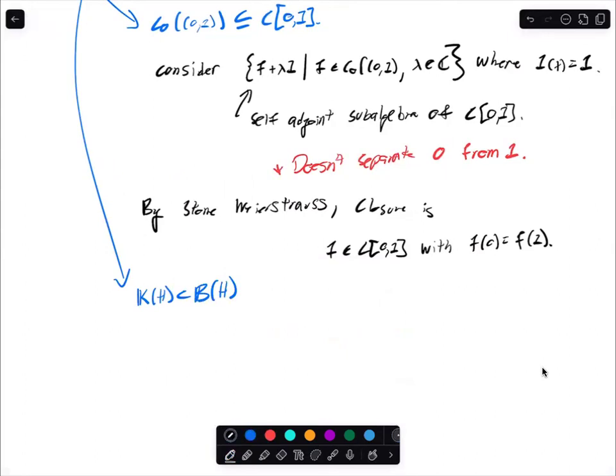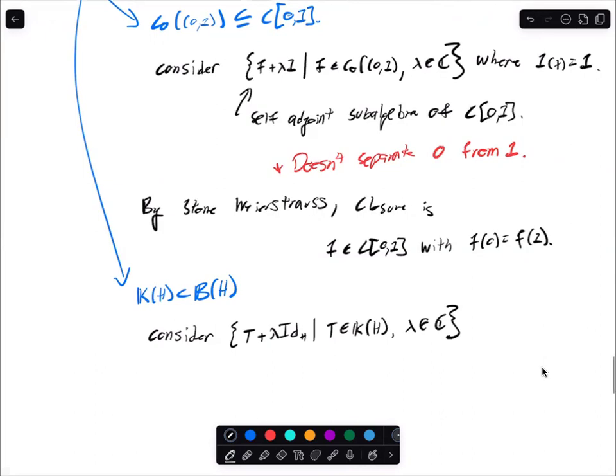Again, you can consider the set of all T plus lambda identity on H, where T is compact and lambda is in the complex numbers.